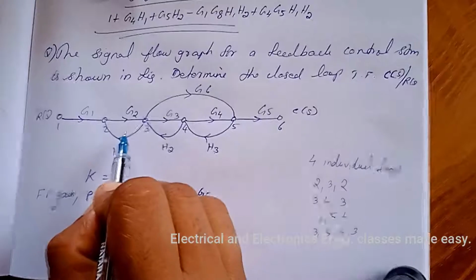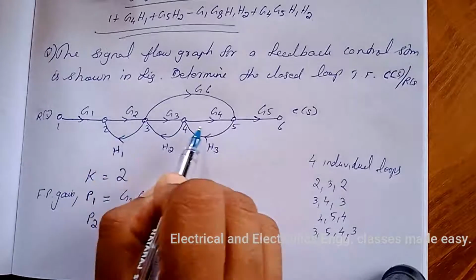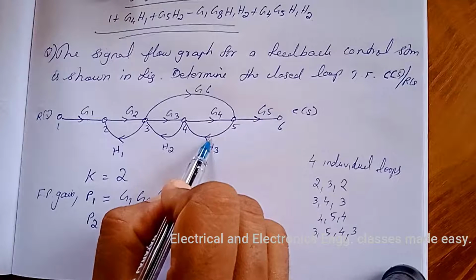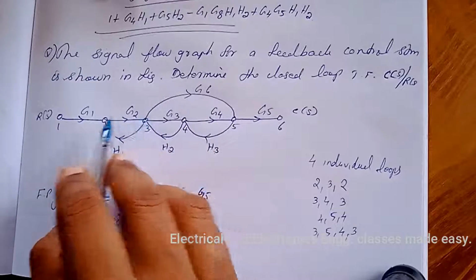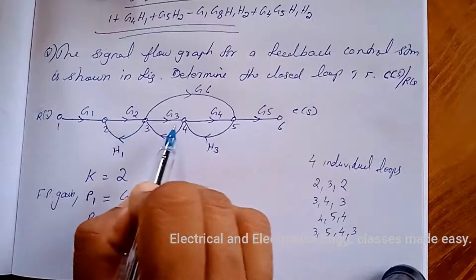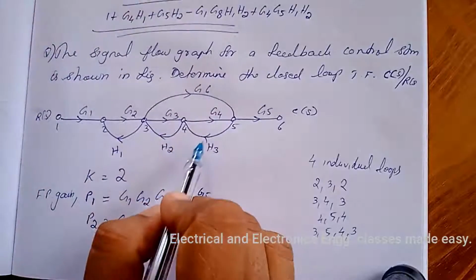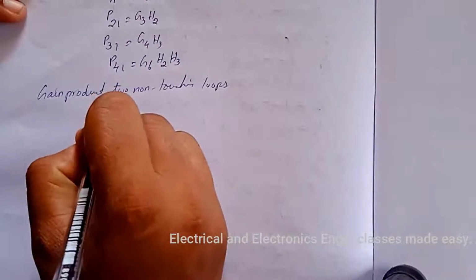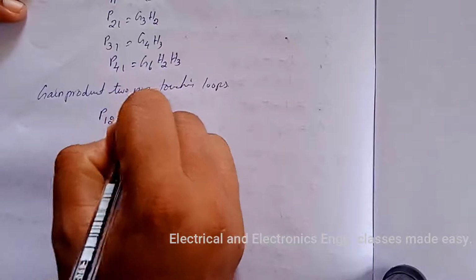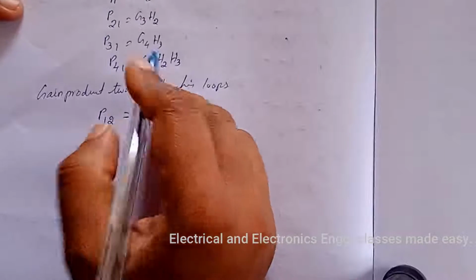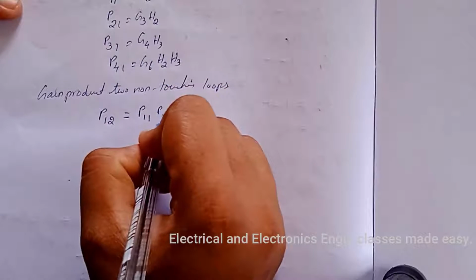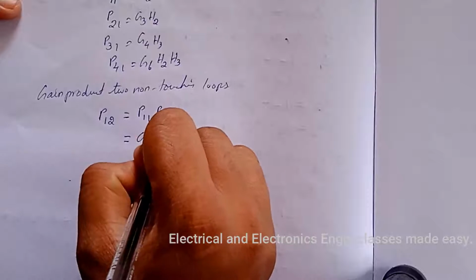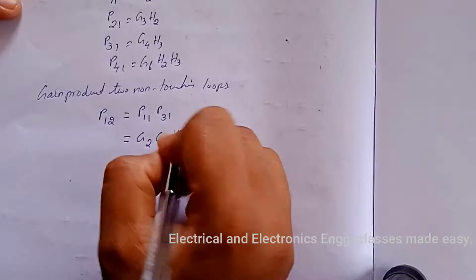So P11 into P31 are the two non-touching loops and there are no 3 non-touching loops in this signal flow graph. So P12, that is two non-touching loops, is P11 into P31 and that is equal to G2, G4, H1, H3.